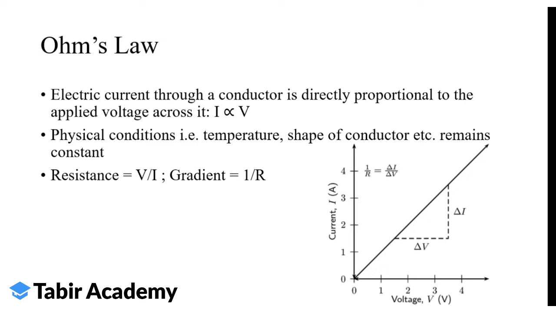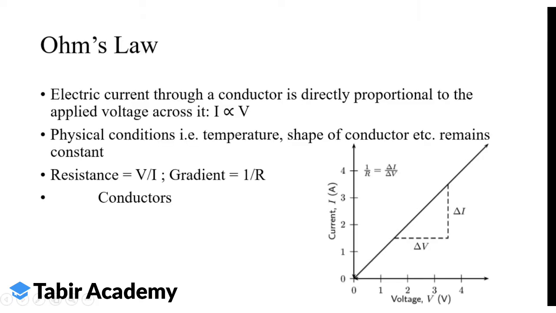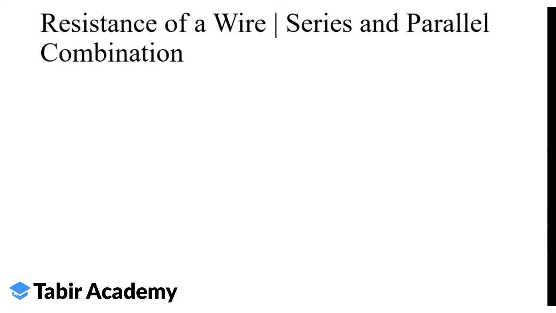Simply by using the relation I equals V over R, or V equals IR. Okay, so ohmic conductors are those conductors that follow Ohm's law.